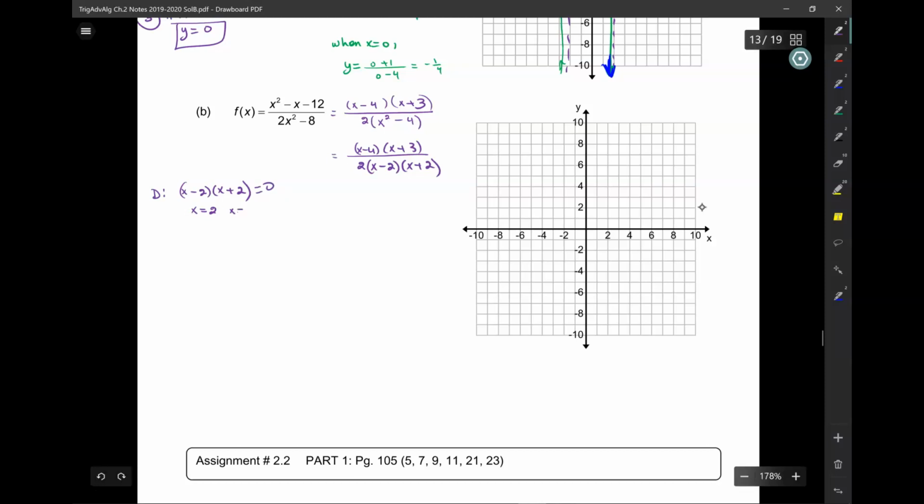So x equals 2, x equals negative 2. Because I divide by 2, that goes away. So then the domain is all real numbers minus plus or minus 2.